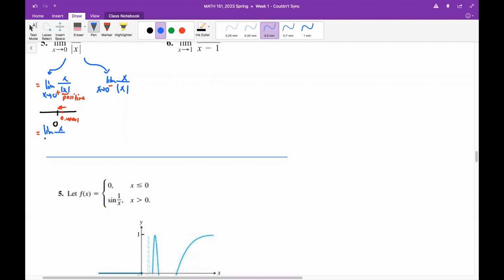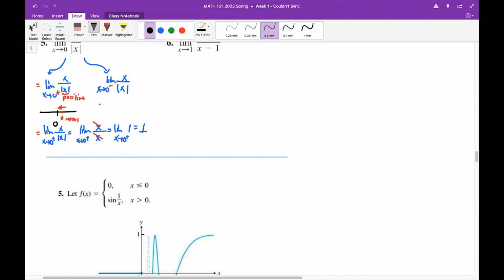Absolute sign of x is evaluated as just x, because the expression inside is positive. After you evaluate the absolute sign, you simplify the x's and you end up with just 1 inside your limit expression. So the result is 1 in the first case.